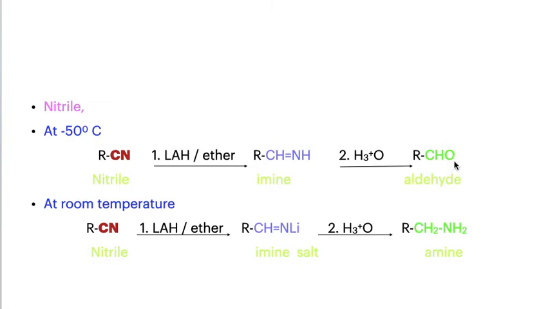While when we carry out the reaction at room temperature, we get the amine as the final product. Nitrile RCN on treatment with lithium aluminum hydride in ether gives the imine salt RCH=NLi, which on hydrolysis gives the amine as the product, RCH2NH2.